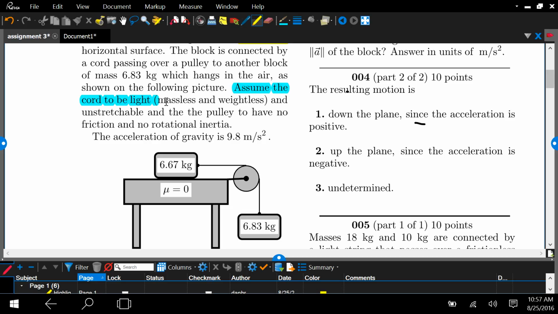Okay, so it's massless or weightless, so we don't have to worry about the cord itself adding weight to the problem. It's unstretchable. That means they're both going to have the same acceleration. If one moves, the other moves. And it talks about our pulley. The pulley has no friction, and the pulley has no inertia, no rotational inertia. So it doesn't have mass, it doesn't have friction. It's not going to slow us down.